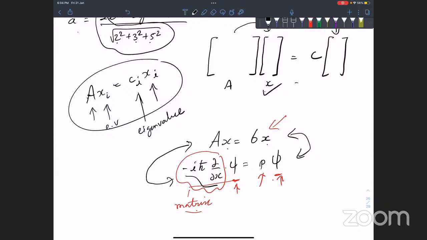There are some properties that eigenvectors must satisfy, and some properties that eigenvalues must satisfy, all very rigorously established by linear algebra.